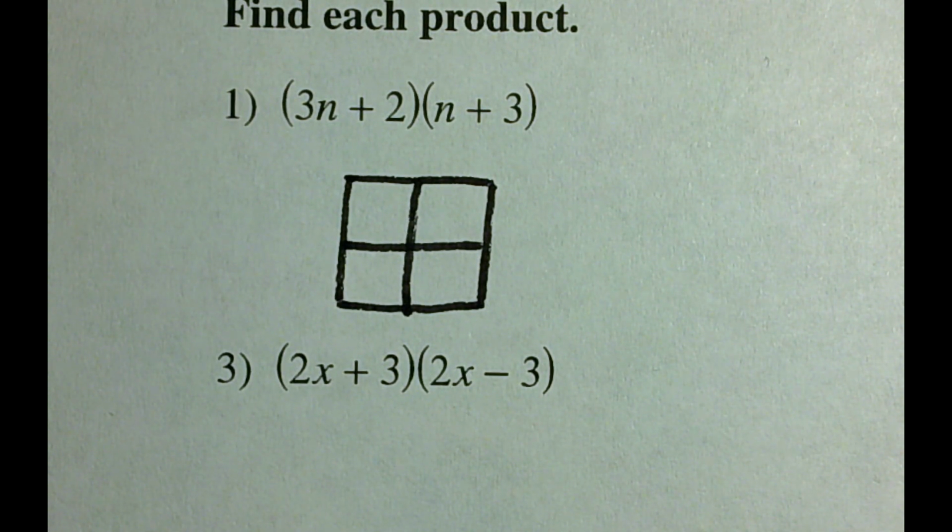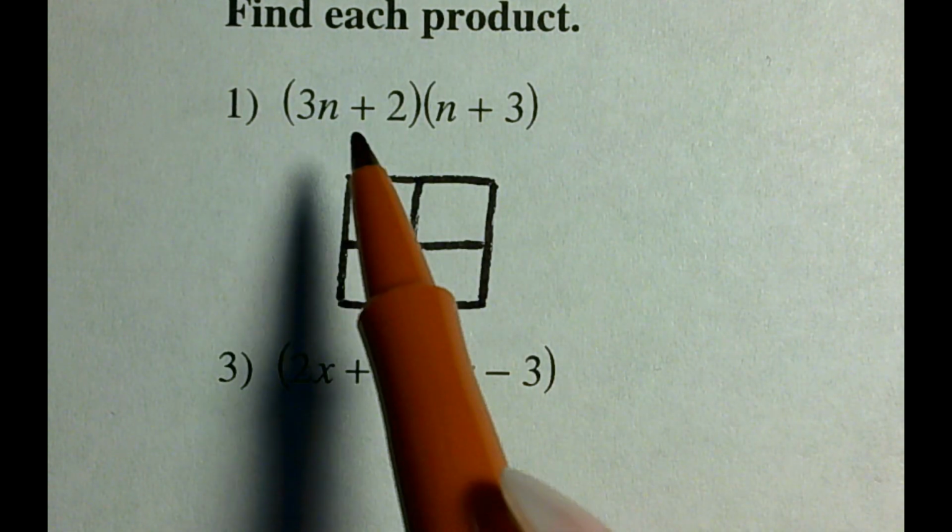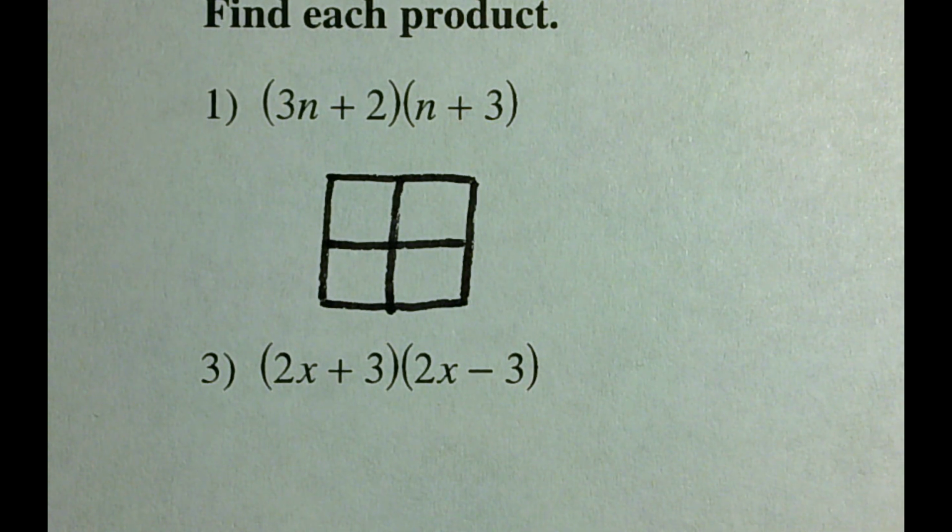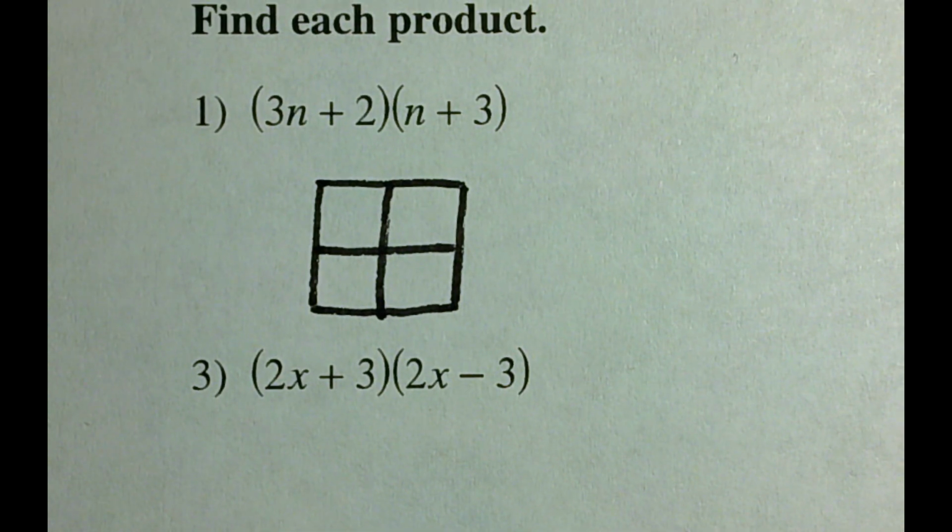Okay, so on number 1, I have 3n plus 2 times n plus 3.